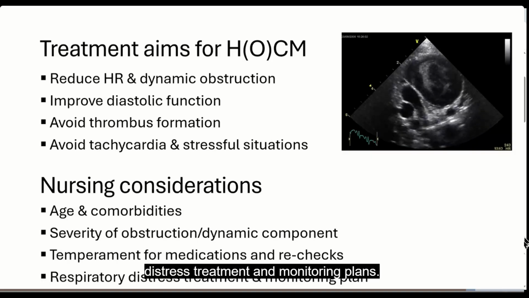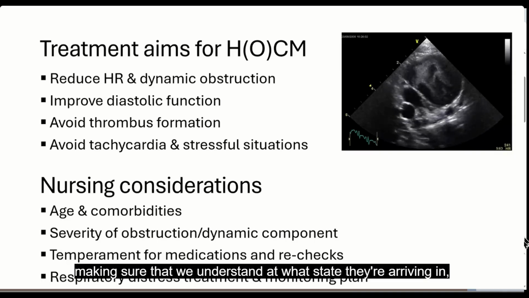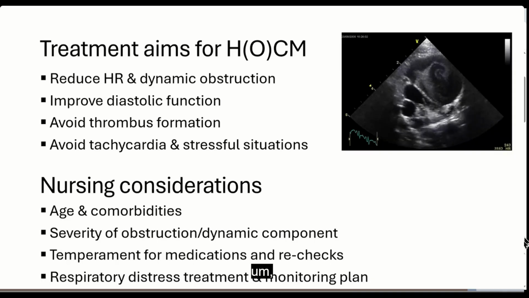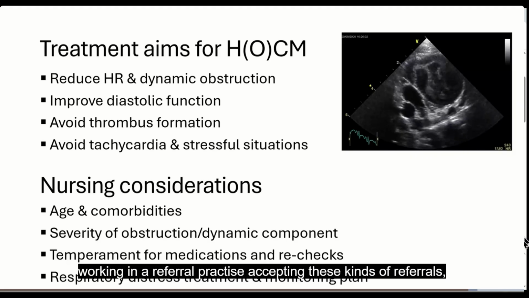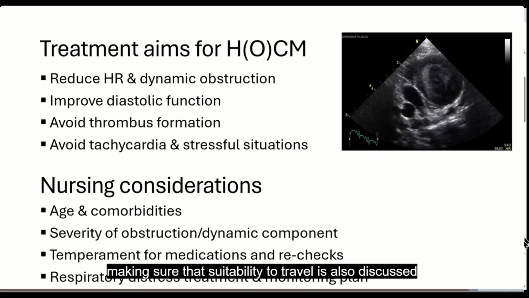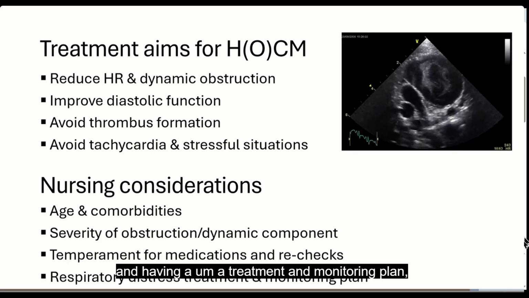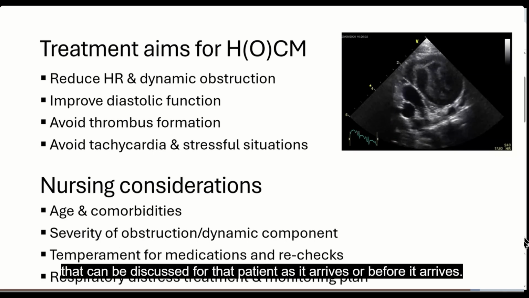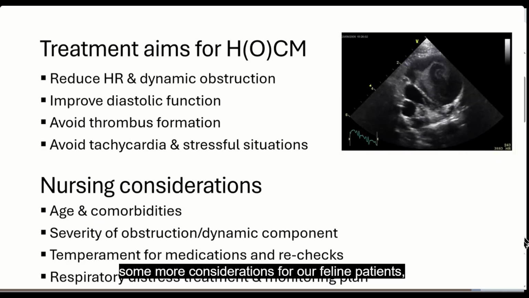So particularly when you have a feline patient coming into your clinic, making sure that we understand at what state they're arriving in, or are they even stable enough to travel if you are working in a referral practice accepting these kinds of referrals, making sure that suitability to travel is also discussed either with owners or with referring vets, and having a treatment and monitoring plan that can be discussed for that patient as it arrives or before it arrives.